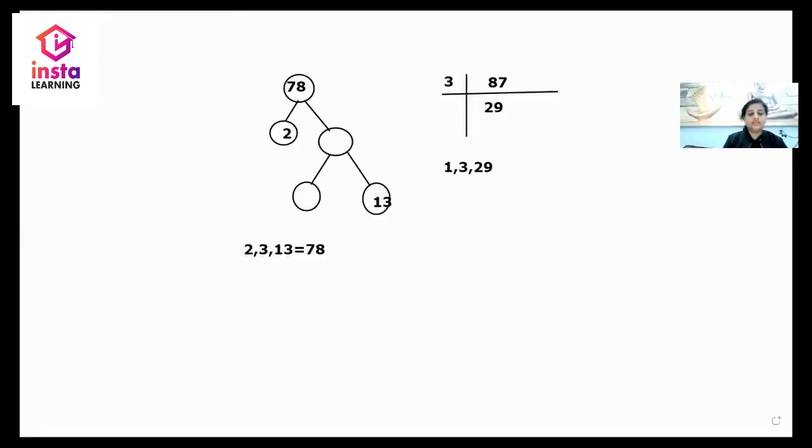First is 30 and 75. Okay, so just take out the factors. It is 1. Every number has a factor 1. Then 2 also. Then 3 also. Okay, then 5 also.